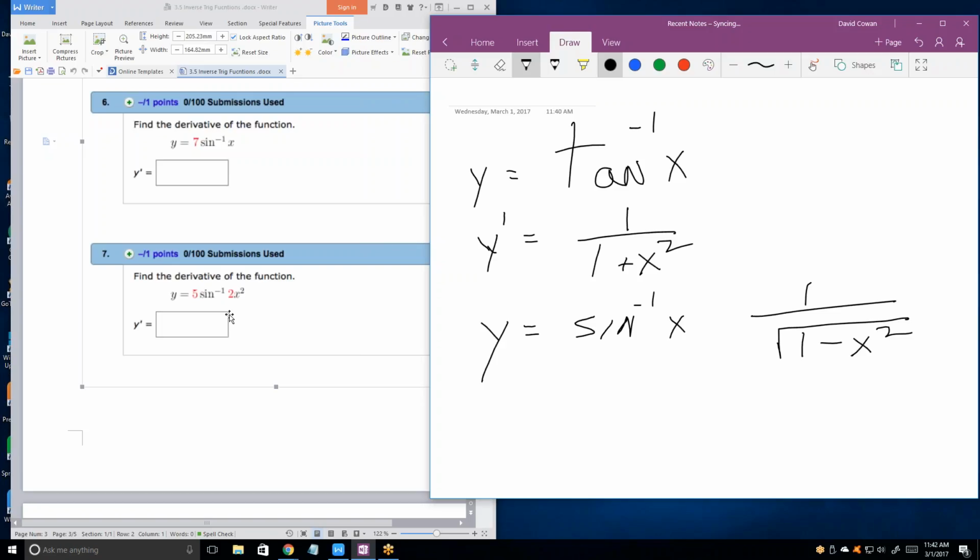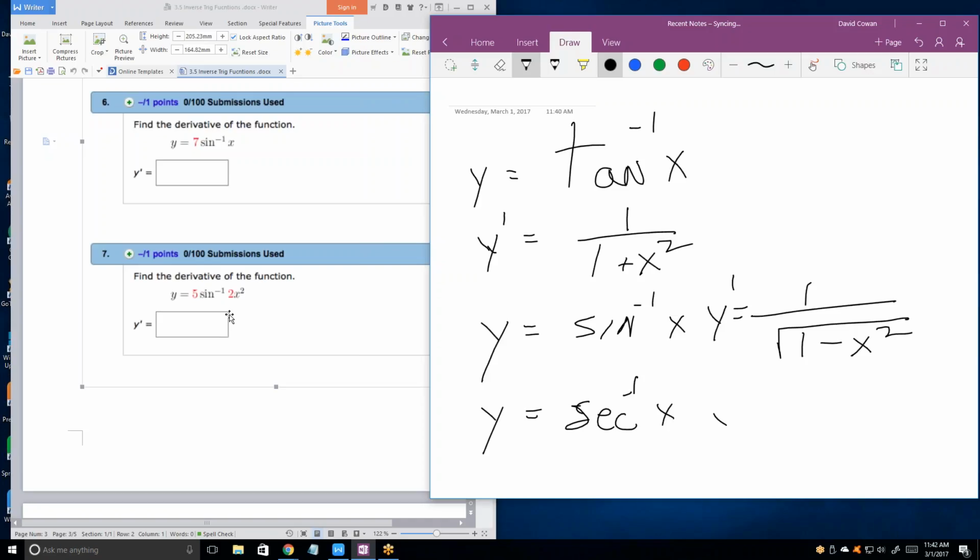That's what y prime is, if y is inverse sine of x. And the third one is y is inverse secant x.